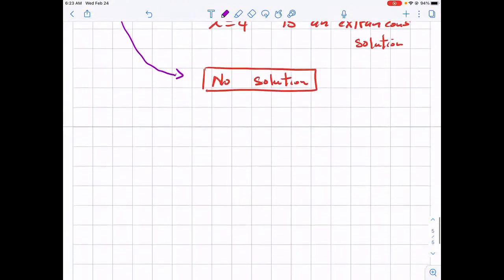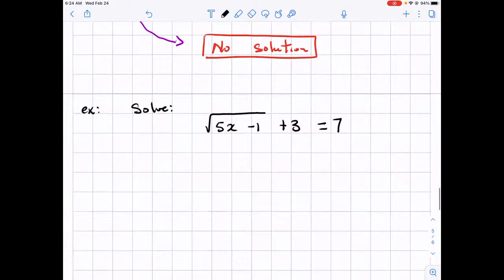Okay, let's look at another example. Solve. We have the root of 5x minus 1, okay, plus 3, and that is equal to 7.